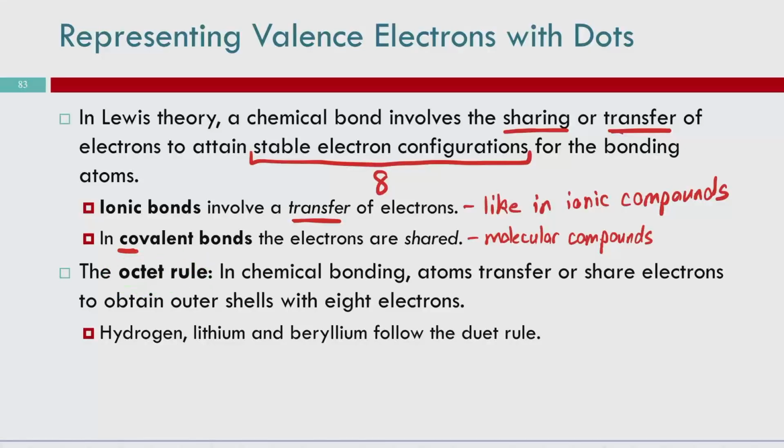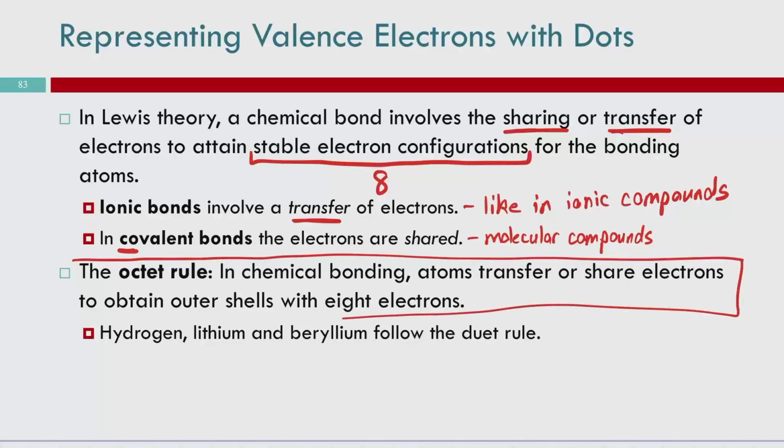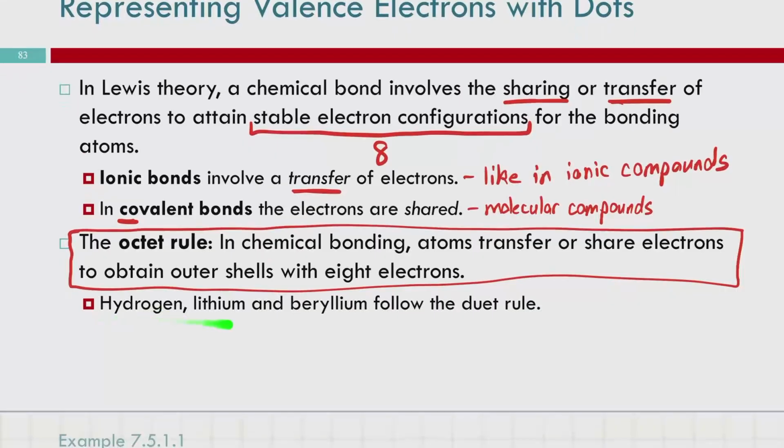So our octet rule, this is our big guiding principle for Lewis theory. Atoms transfer or share electrons to obtain outer shells, valence shells with 8 electrons. So we want 8 electrons on the outside. You can also get rid of all the electrons as long as there's a shell underneath, because then secretly, there's an 8 underneath. Some of our small stuff, hydrogen, lithium, beryllium, hydrogen's most important here, follow the duet rule.